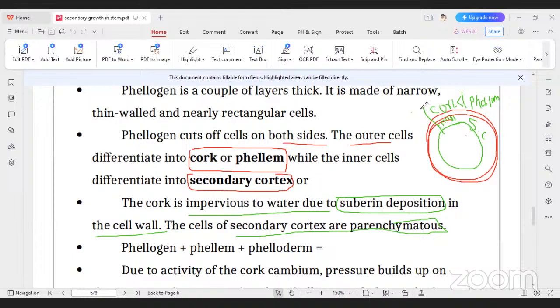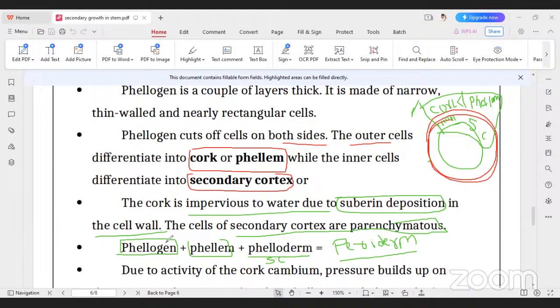That means outside is cork, right? This total structure is called the periderm. Phellogen is the cork cambium, phellem is the cork cells outside, and phelloderm means the secondary tissues, the secondary cortex.